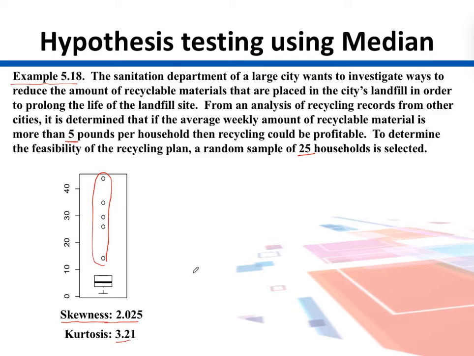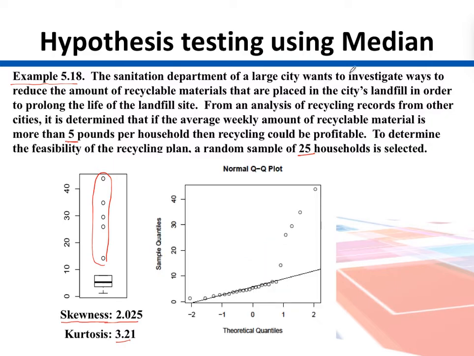In order to confirm further the normality of this data, we do another plot, which is called a normal QQ plot. Normal because we're testing for the normality of the data set using this plot. QQ means quantile versus quantile, so we have sample quantiles versus theoretical quantiles. Sample quantiles are the actual numbers, and theoretical are what the quantiles would be if this data set were normally distributed.